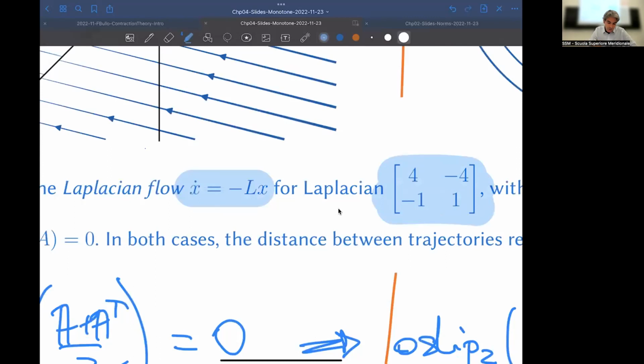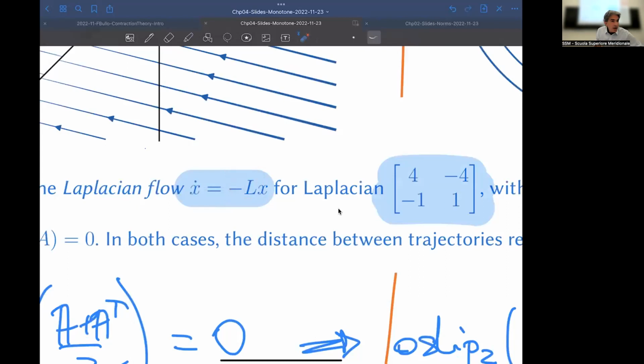So another way to put it is minus L is Metzler. It's just a convention in graph theory that people define the Laplacian to have negative off-diagonal entries. If Mr. Metzler had lived before Laplace, perhaps he would have defined the Laplacian matrix with a plus. So there is a minus sign here, which is unavoidable if I want to be consistent with the literature on graph theory. So apologies for this minus sign.